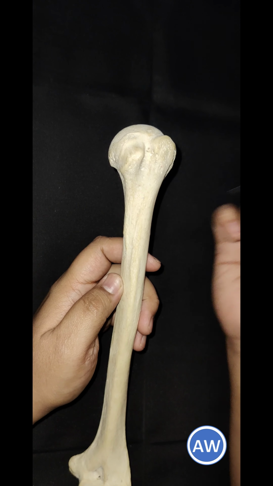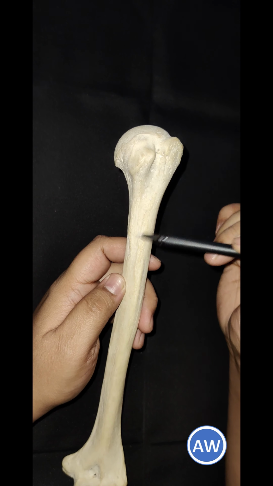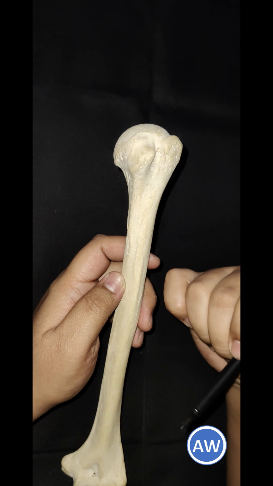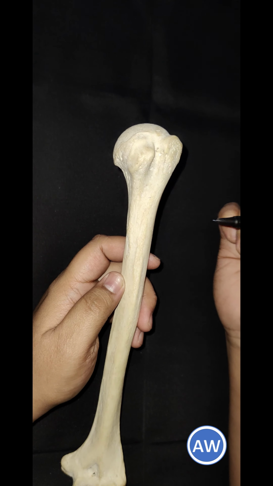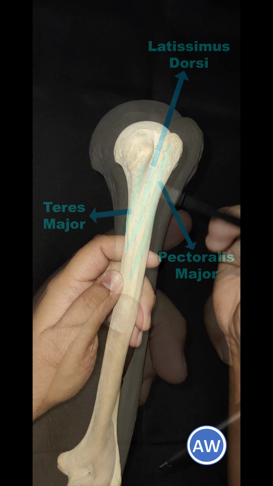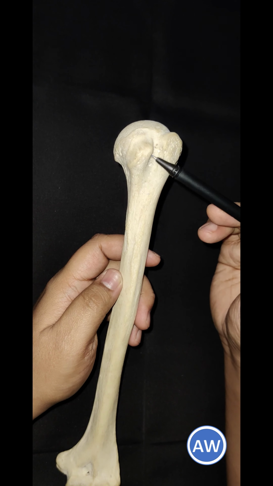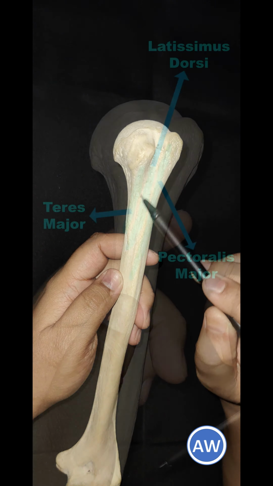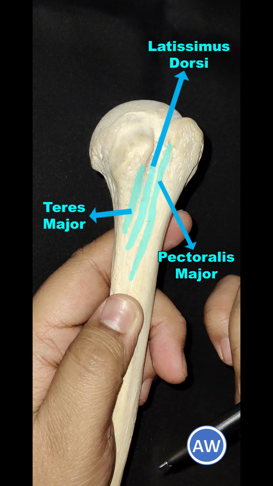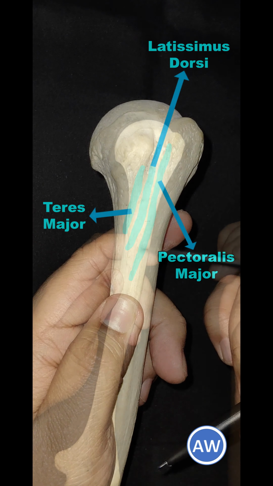The bicipital groove consists of a lateral lip, a medial lip and a floor. The pectoralis major muscle is attached to the lateral lip of the groove. The teres major muscle is attached to the medial lip of the groove, while the latissimus dorsi muscle is attached to the floor of the groove.